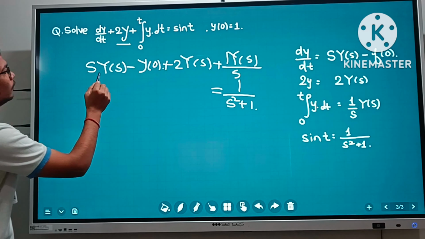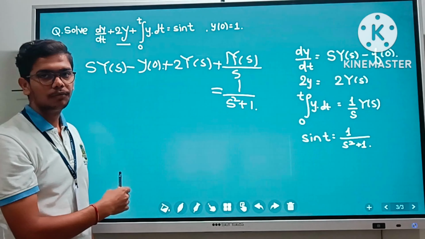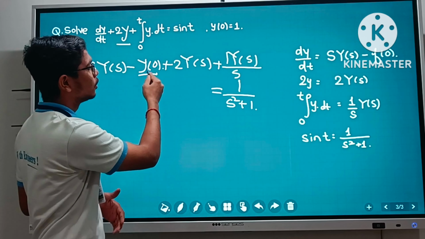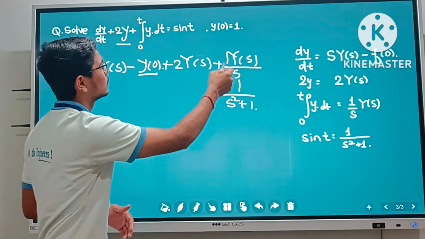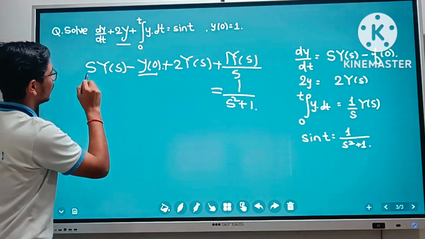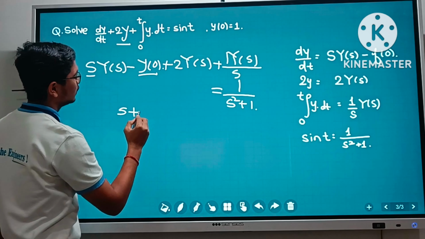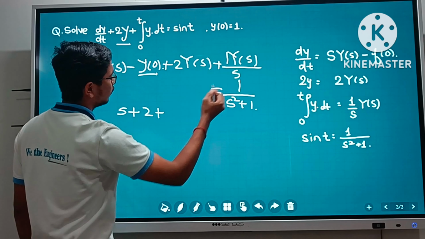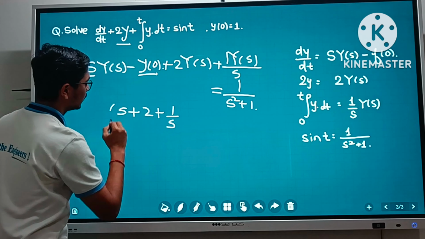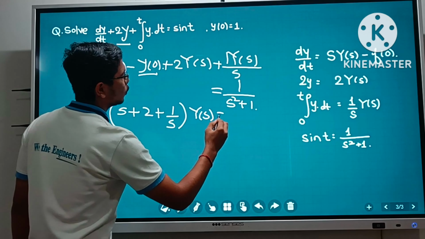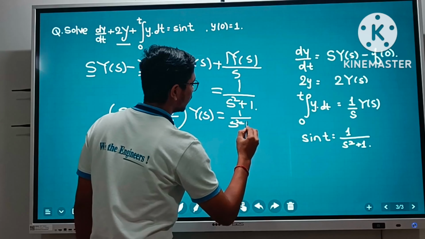Further solving this, we take Y of s common in one bracket, put the value of y of 0, and shift it to the RHS, which is equal to 1. Here the coefficient of Y of s is s, plus 2, plus 1 upon s. We take this in one bracket, and Y of s is equal to 1 upon s square plus 1.